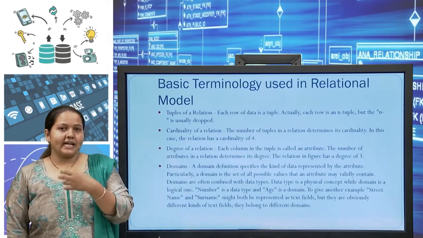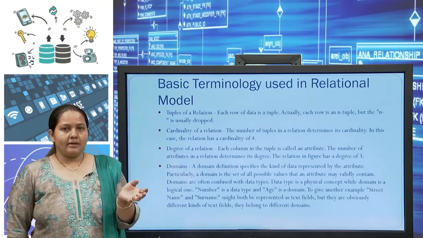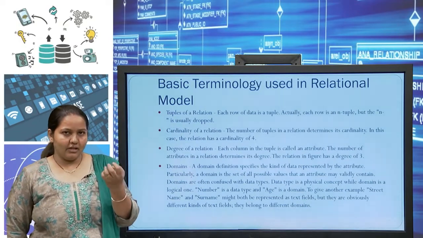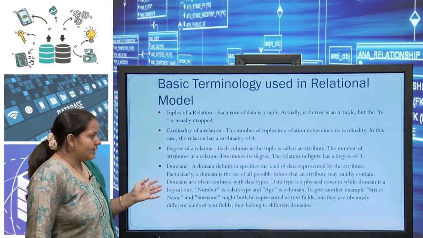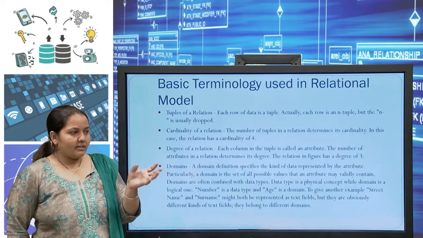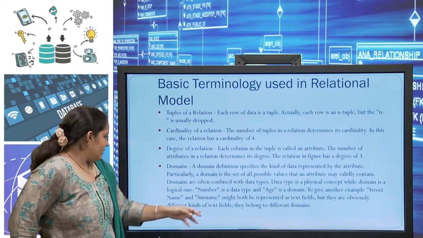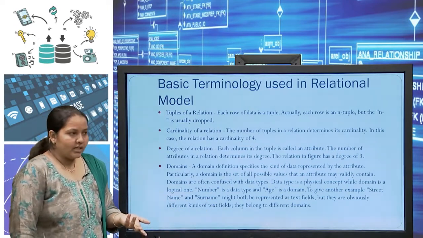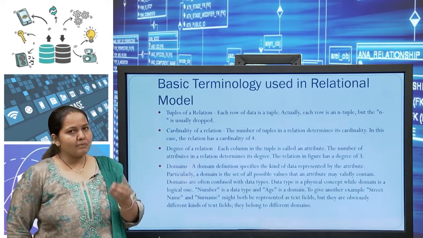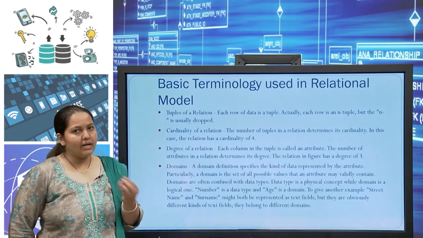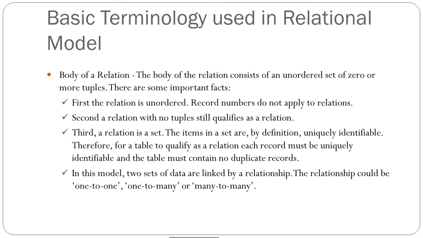For the age, we expect the age of the student. So the data types are the same, but the data we insist on is different. The domain is the area from which we take the value, so obviously different kinds of data of different types. We can use the domain to specify what kind of value is to be put in your table.